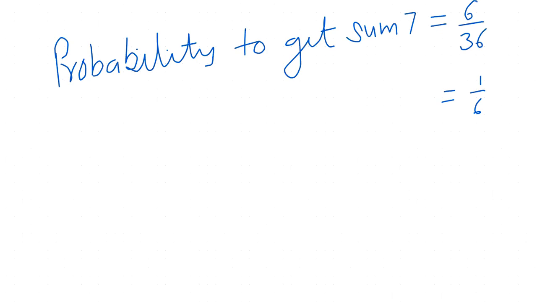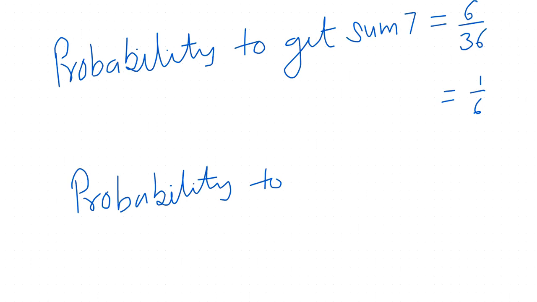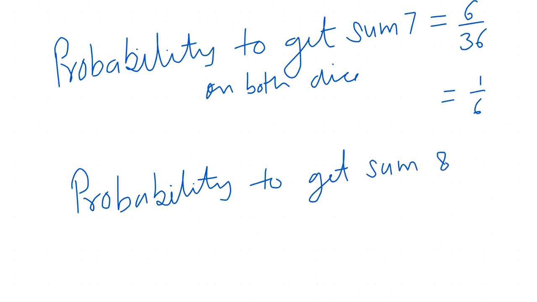Probability to get sum 8 on both dice. So for to get 8, let us count 2 comma 6, 6 comma 2, and 5 comma 3, 3 comma 5, 4 comma 4.